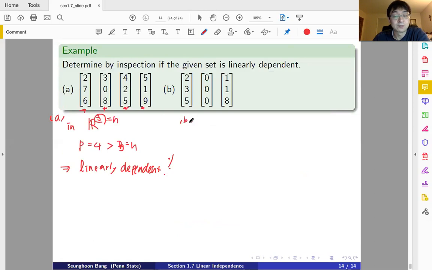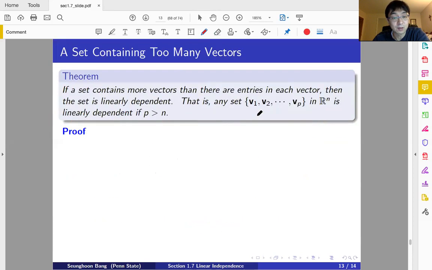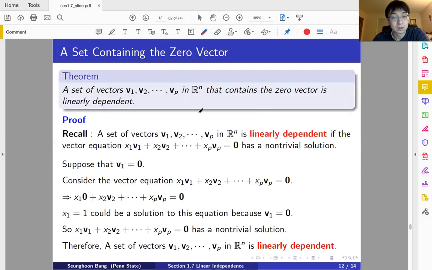What about B? The second column is the zero vector. So what does it mean? We can use the previous theorem: this set of vectors contains the zero vector.